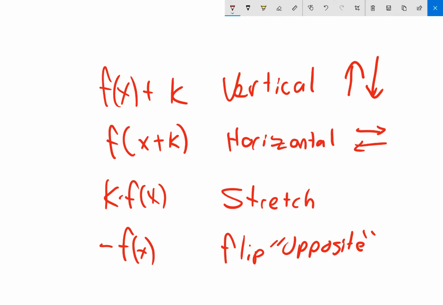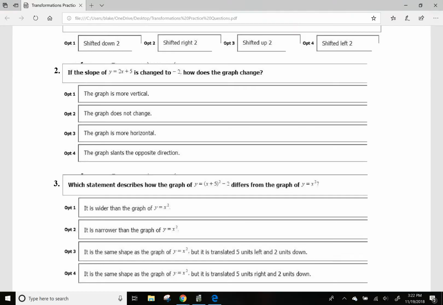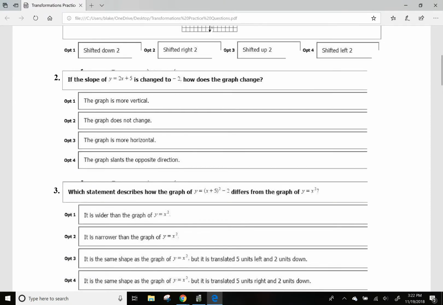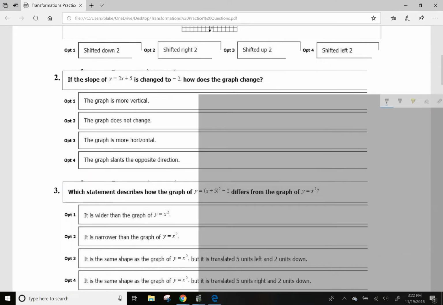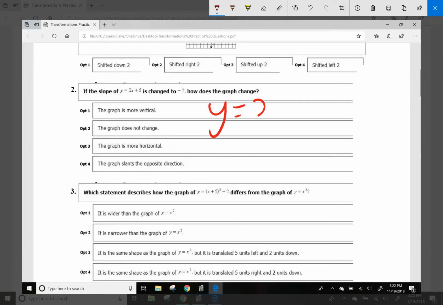So that's what the question here is saying. Right now it's y equals 2x plus 5. But if you change it to y equals negative 2x plus 5, because the slope is the 2 part, what's going to happen to the line?